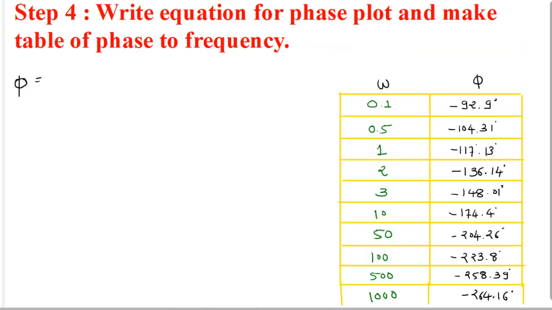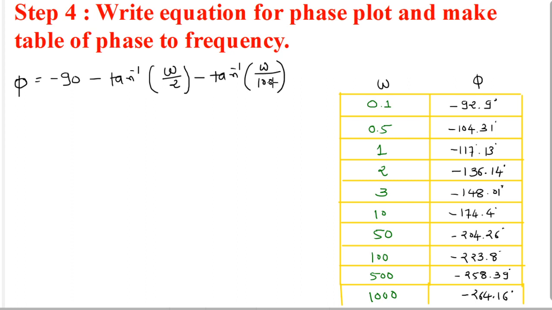So in this step I am writing the phase angle formula: minus 90, because there is one pole at the origin, minus tan inverse of omega by 2, because 2 is a corner frequency, and then minus tan inverse of omega by 100.